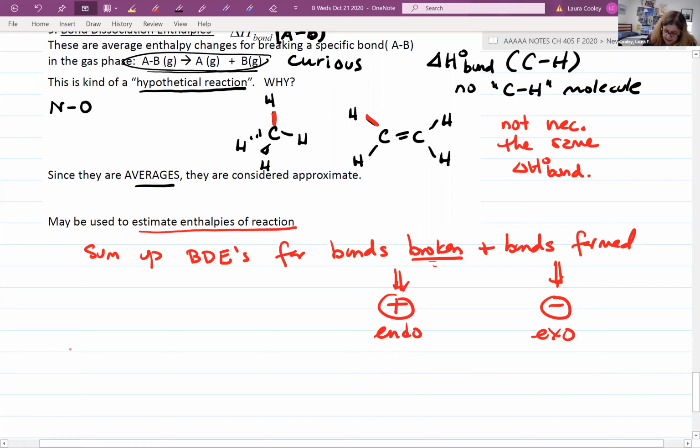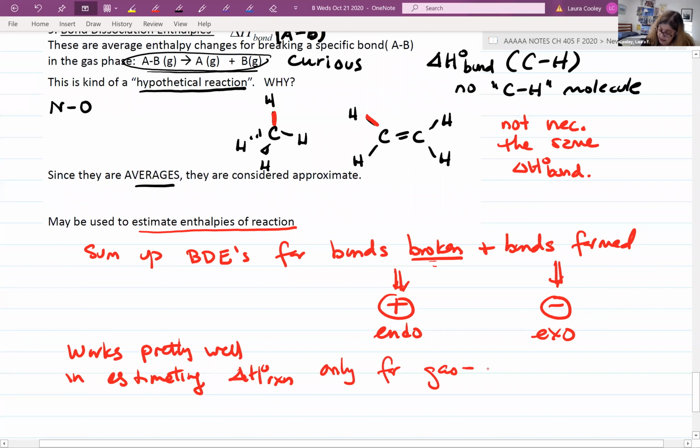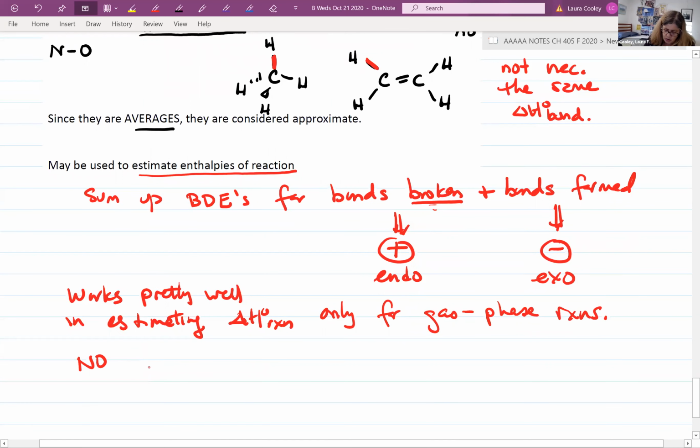The thing is that this works pretty well in estimating a delta H reaction only in certain cases, right? Only for gas phase reactions. And the reason you could really understand that is because there is no way to include any kind of solute-solvent interactions.